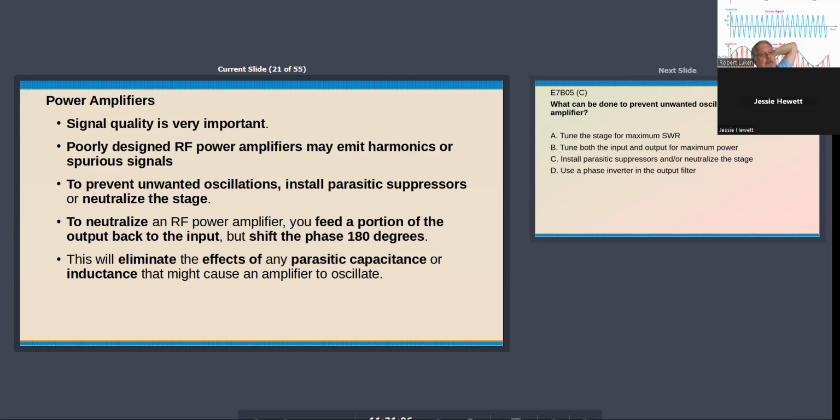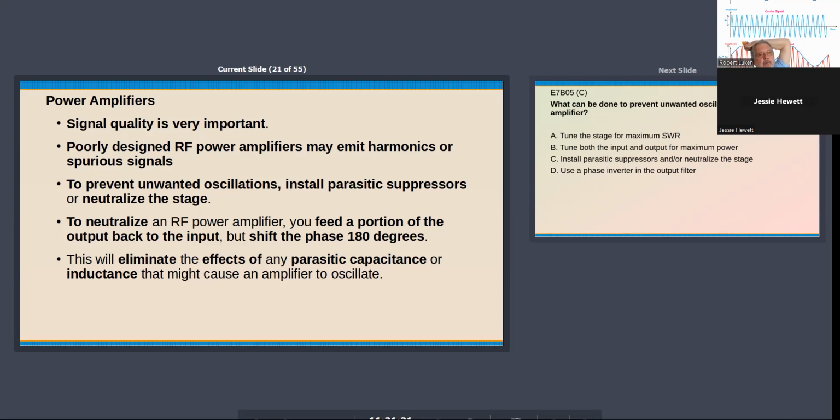Or you can neutralize the stage by bringing some negative feedback. In other words, you take the output signal and shift it 180 degrees, feed it back into the input so it cancels part of it, and it will help offset any oscillations.